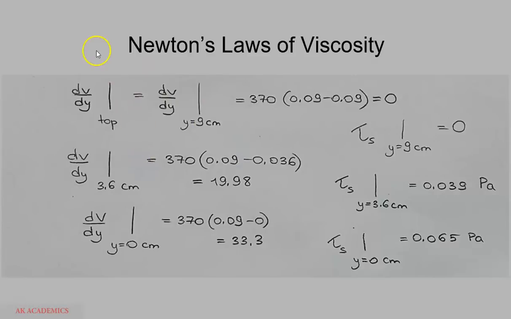In that case, dv/dy, the velocity gradient at the top, will be the velocity gradient when y is equal to 0.09. At that particular point, we have the velocity gradient equal to 370 (0.09 minus 0.09), and that gives us 0 at the end of the day.